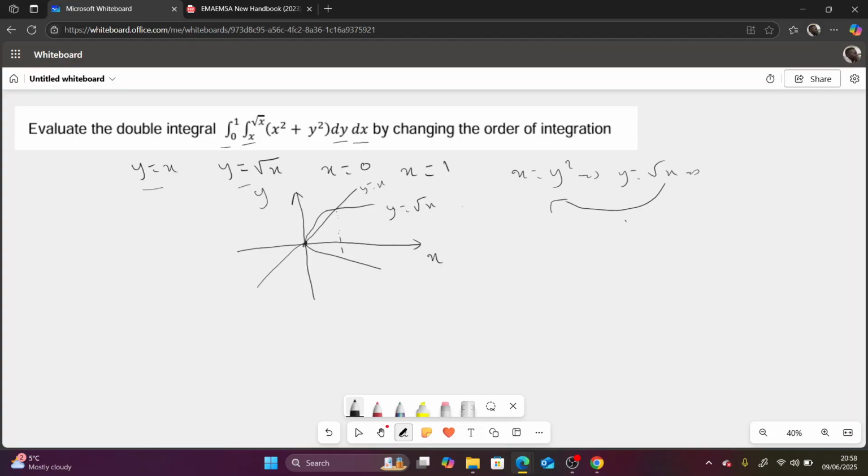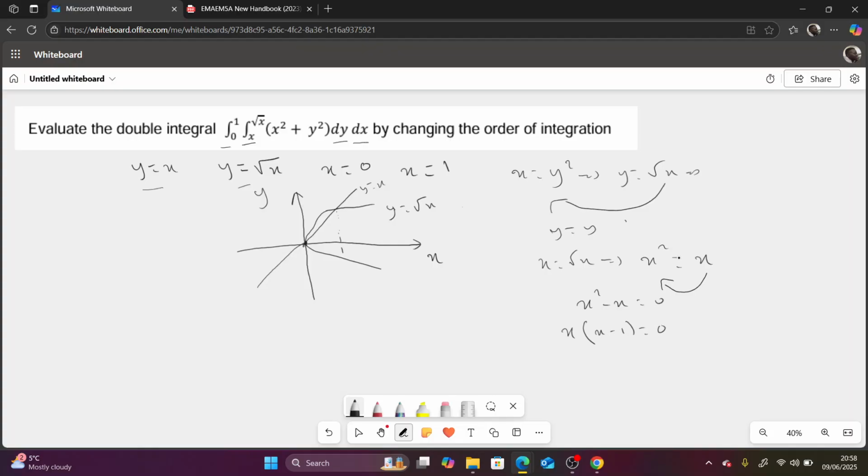Basically, you equate the y's. You have x equal to root x. So definitely, if you square both sides, you'll have x squared equal to x. If you bring x to this side, you get x squared minus x equal to 0. We take x as a common factor, so you have x times x minus 1.